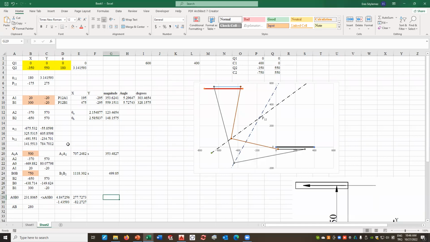So what I will do is determine the angles θ1 and θ2.